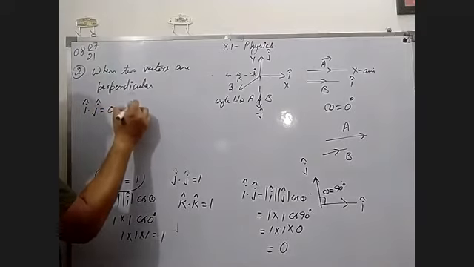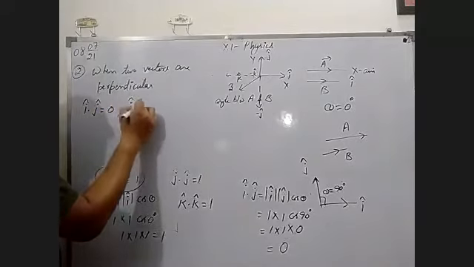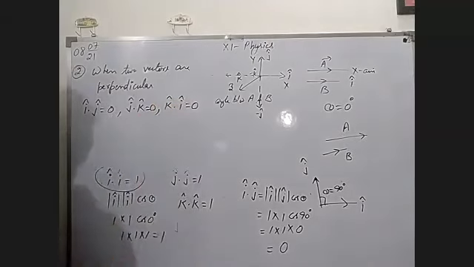Vector j dot vector k is also 0. Vector k dot vector i is also 0. When two vectors are perpendicular, the dot product in this case is 0. Okay. No doubt here.